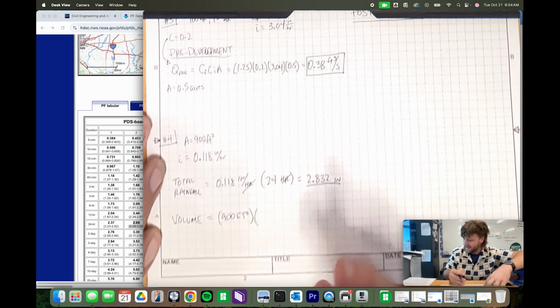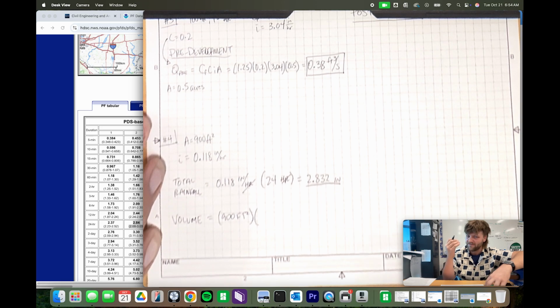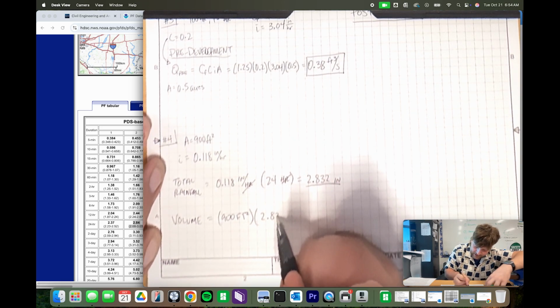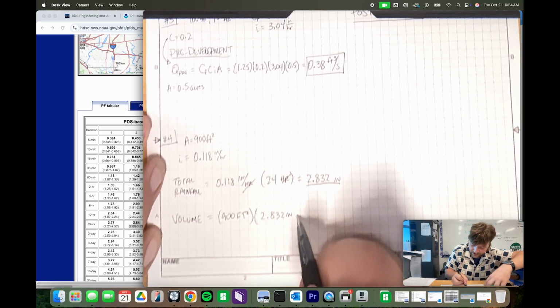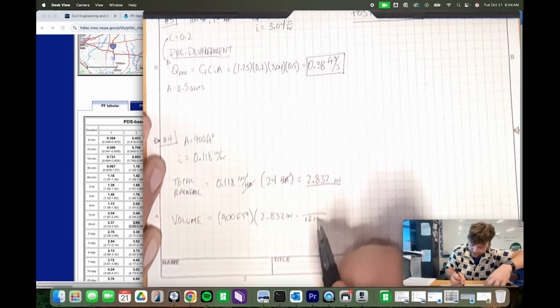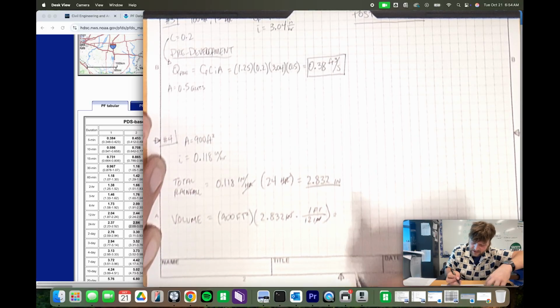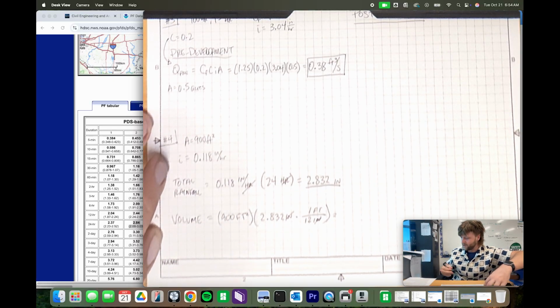Multiplying by a conversion factor, there are 12 inches in 1 foot, we can cancel these units. We're left with cubic feet, which is a volume.